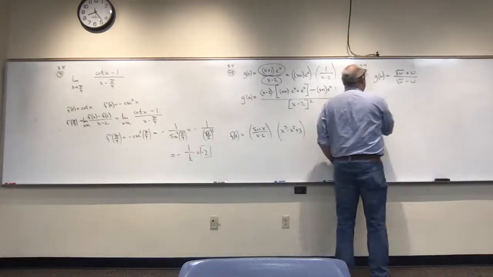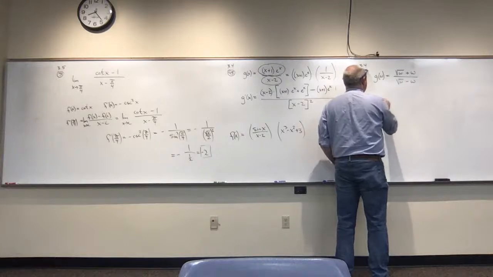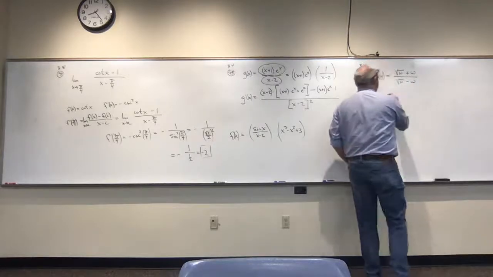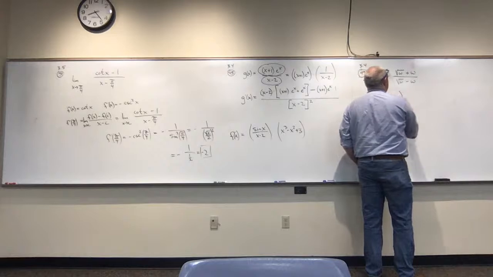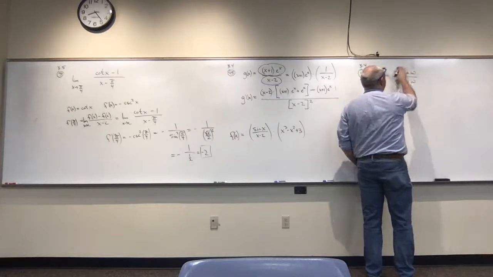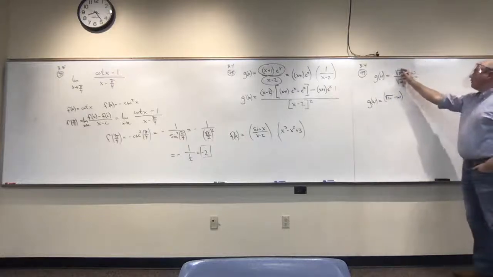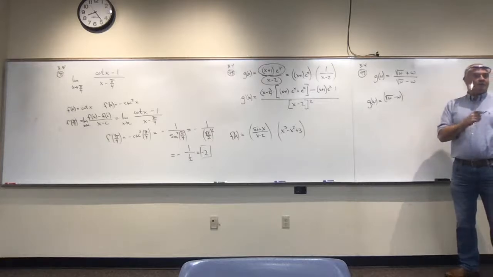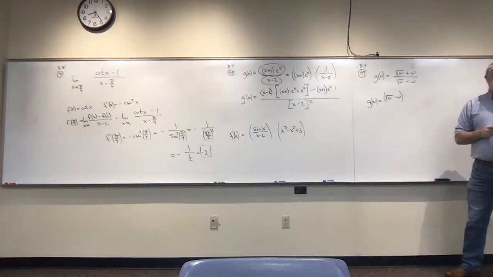Okay, so we get G prime of W is equal to, so I just follow my rule, it's the bottom, square root W minus W times the derivative of whatever's on top. So the question is, what's the derivative of what's on top? What's the derivative of the square root of W? Wouldn't the square root of W be the same thing as squaring W by 1/2?